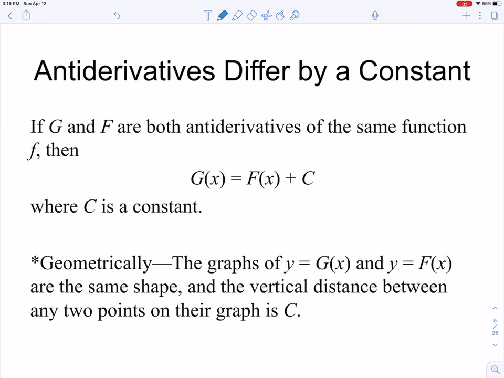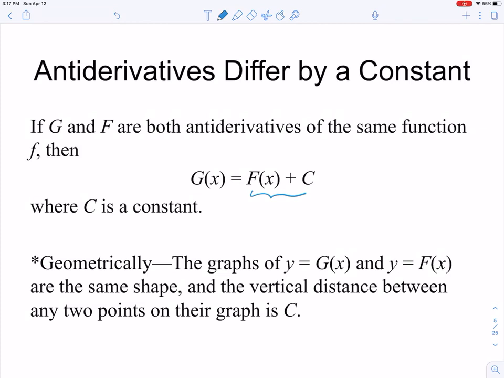Now, antiderivatives differ by a constant. So if capital G and capital F are both antiderivatives of the same function, lowercase f, then that means that capital G of x equals capital F of x plus c, where c is just a constant. And this might look familiar to you from studying translations back in pre-calculus.